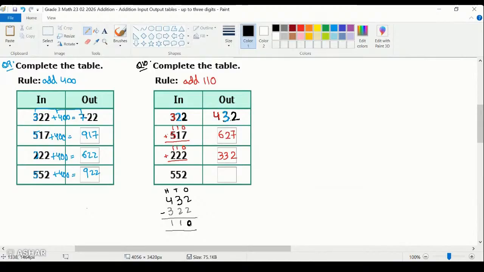You are adding 111, but you gave the answer 110. So 552 plus 110 would be units 0 plus 2 is 2, 1 plus 5 is 6, and hundreds is 1 plus 5, 6 as well. Okay.